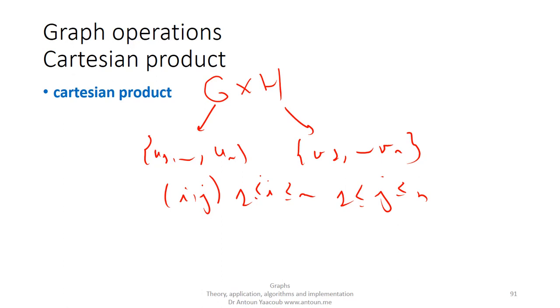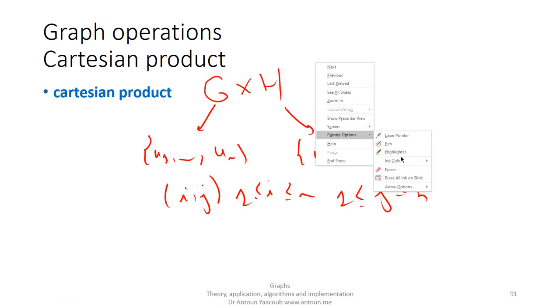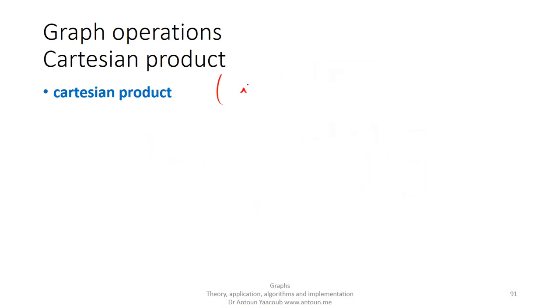And how will we link these vertices? I have vertices ij, and I need to place an edge with hk. Those are two vertices in my Cartesian product.